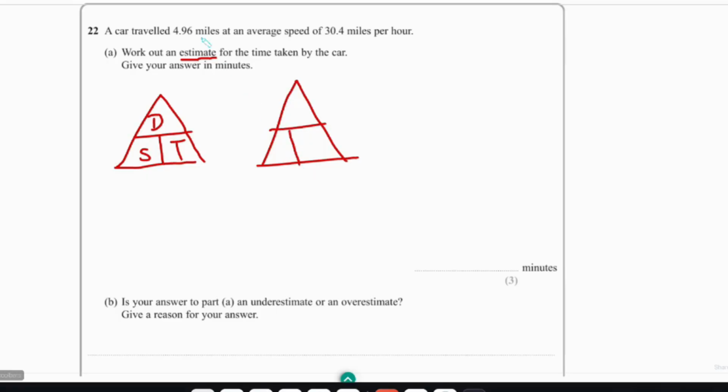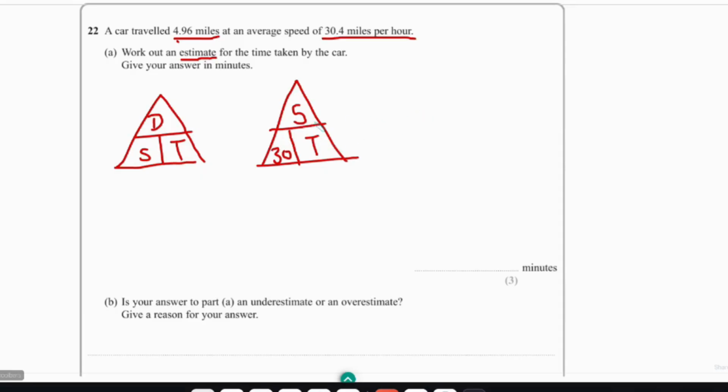Speed, 30.4 miles per hour. Let's round that to 30. This is our distance, isn't it, 4.96 miles, we'll round to 5.